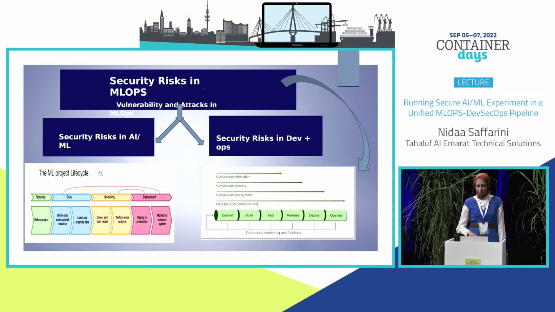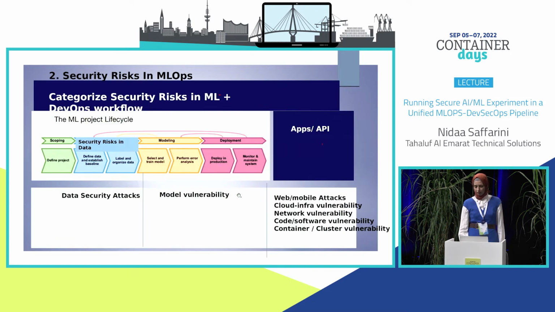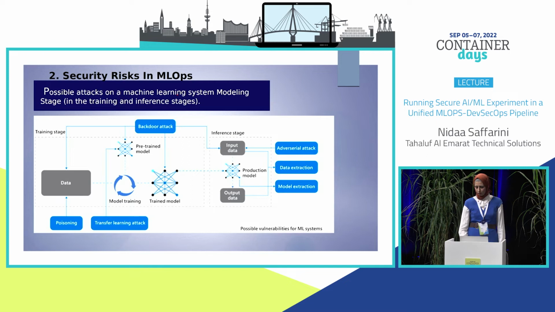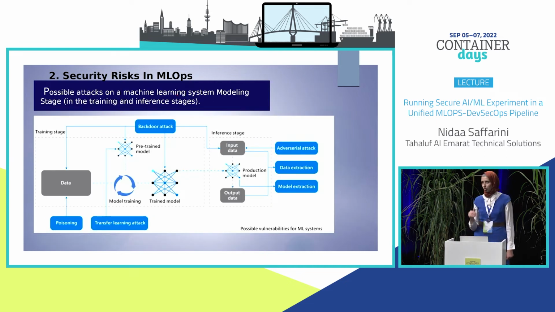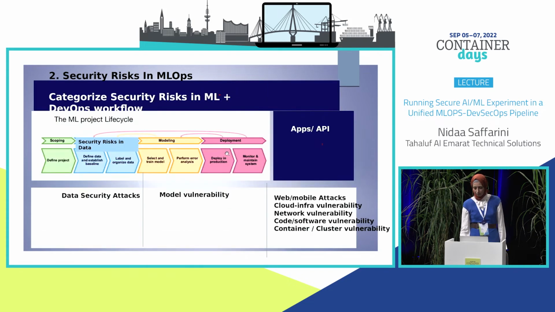We need to study the attacks behind this pipeline as well as the attack vectors behind DevOps, and categorize those attacks. Then we could do vulnerability management on the whole system to decide the severity of each vulnerability. For example, in machine learning, we have mainly these attacks while we are building the ML pipeline.